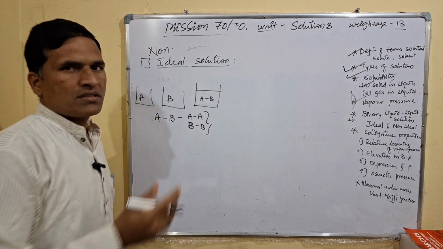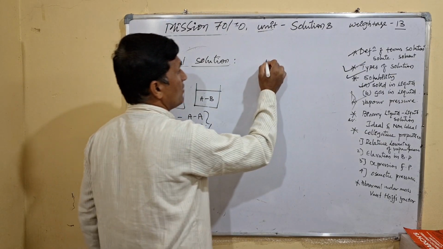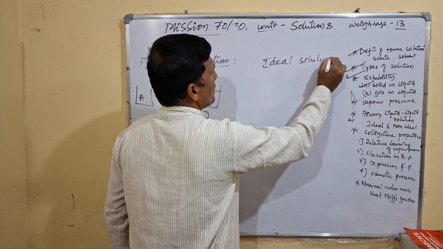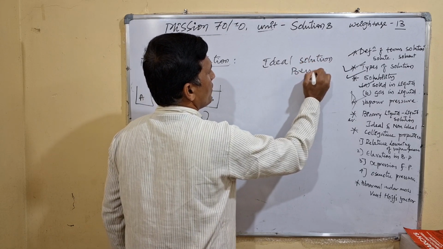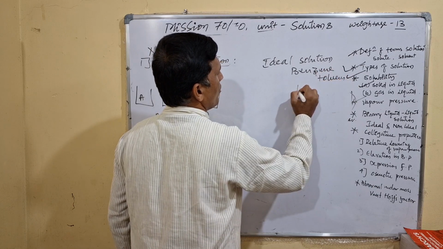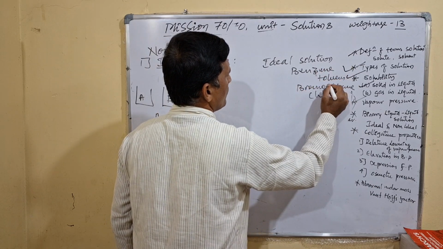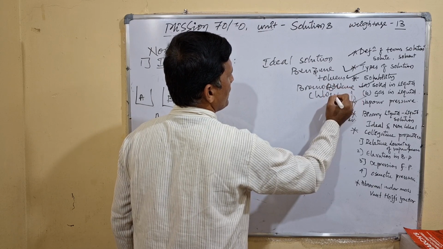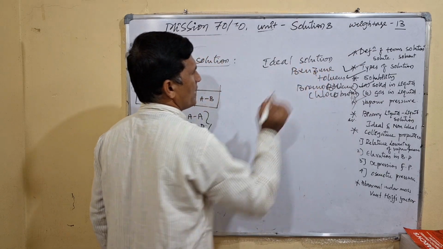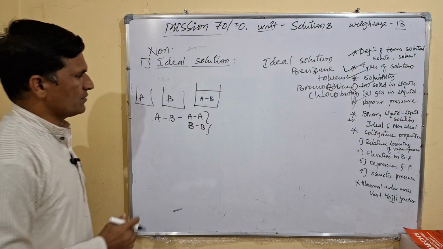It is not the case with all solvents. For an ideal solution, again I will give the example: benzene and toluene is the best example. You should remember benzene and toluene, or bromobutane and chlorobutane. These are two examples of ideal solutions. Okay, you make a note of this.